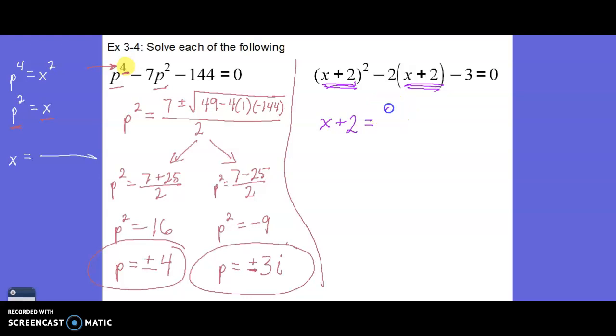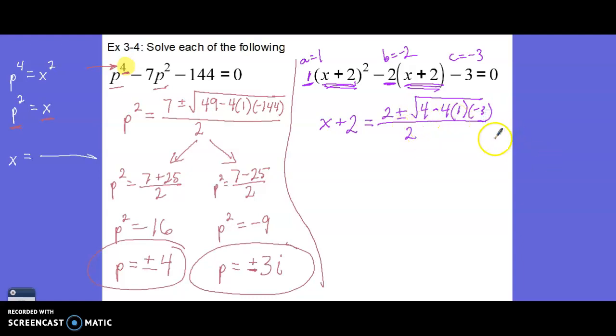So that's why when we do the quadratic formula here, 2 plus or minus the square root of b squared minus 4. Notice I'm using the a values that are in front of these. a is 1, b is negative 2, and c is negative 3. 4 times a times c, all over 2a.